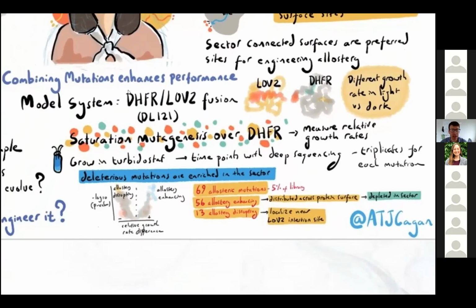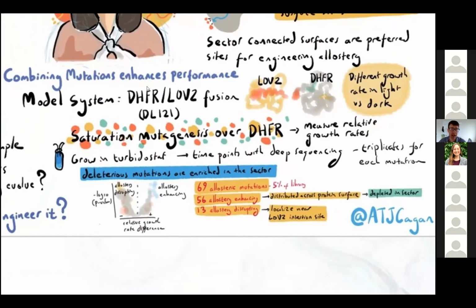So she did kind of an MPRA style study, a functional genomics study in her model system with this DHFR and LOV2 fusion, and did every saturation mutagenesis, like deep mutational scanning, and then measured the growth rate. In her system, she could turn this into a growth assay.